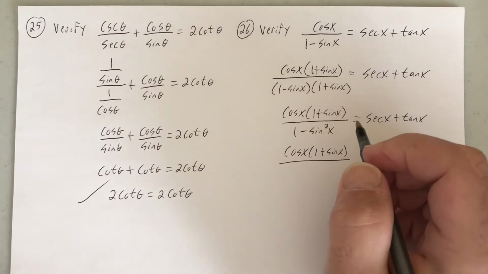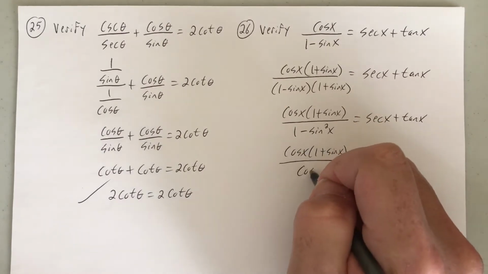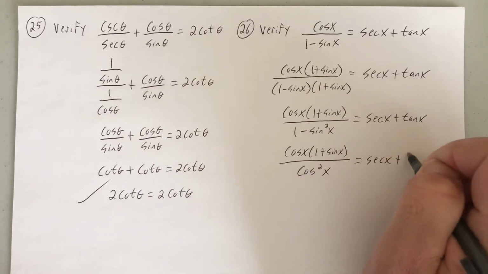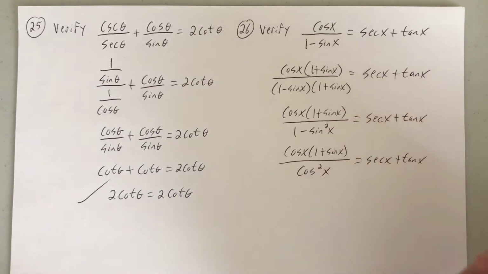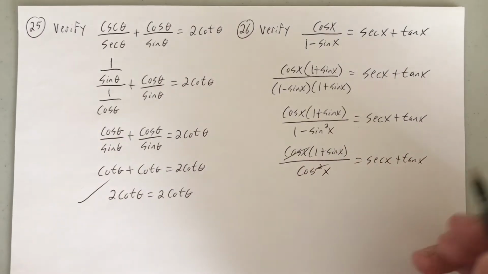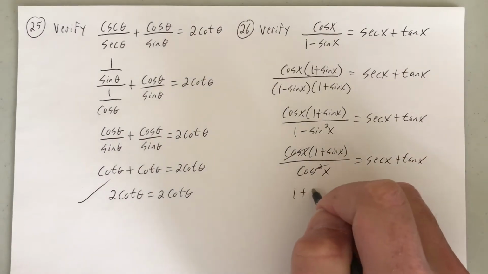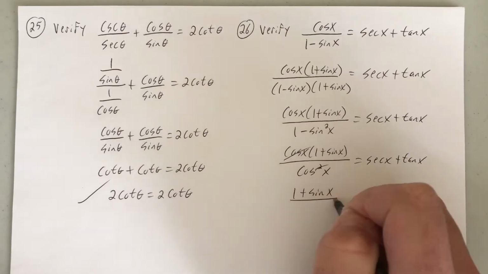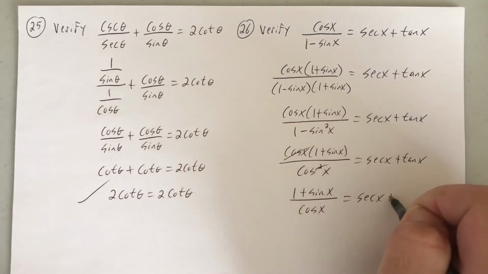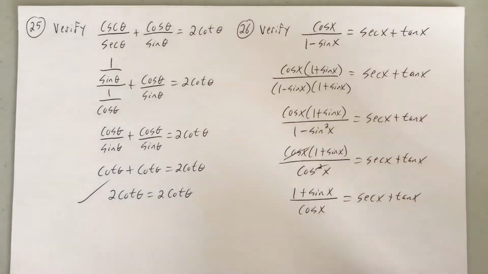Replace my 1 minus sine squared x with cosine squared x. And now, like I said, I can reduce 1 in the top with 1 in the bottom. So that leaves me with 1 plus sine x over cosine x is equal to secant x plus tan x.